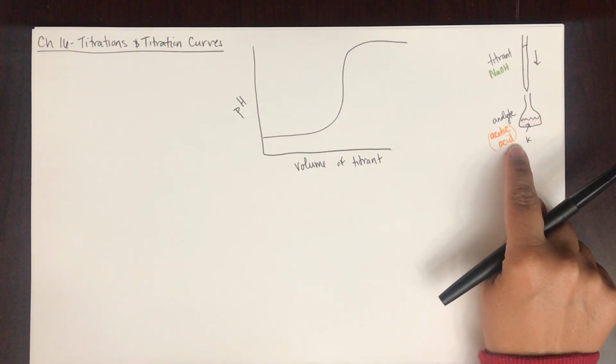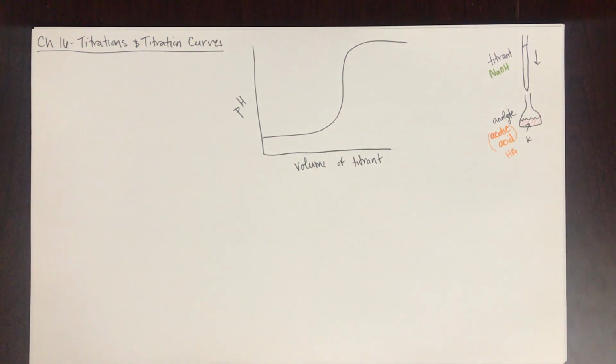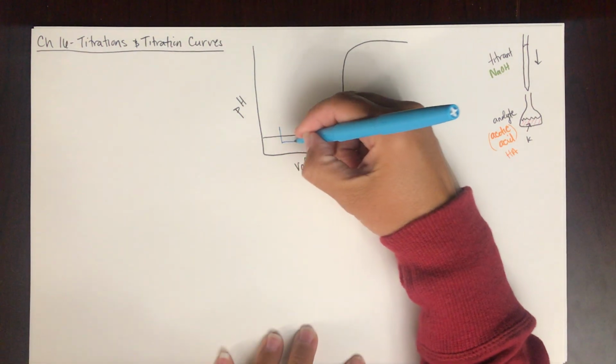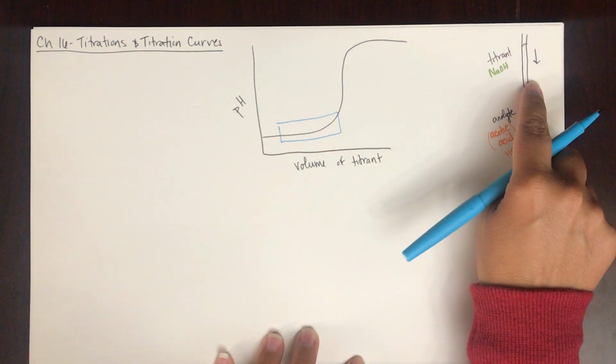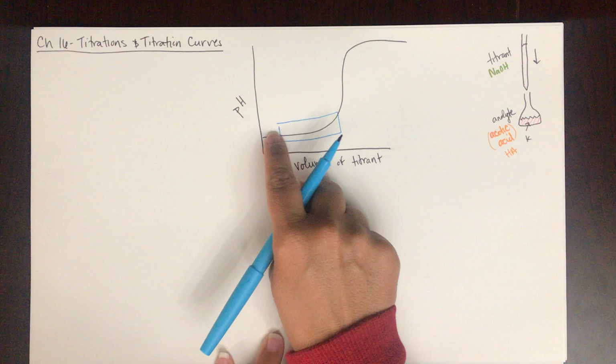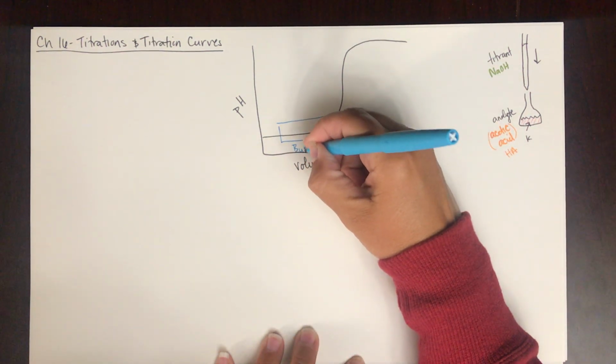And depending on what the Ka of acetic acid is, that's where you'll start in all of this. So what's important in this titration curve is this region right here where you are continuing to add this base, but you see the pH isn't really changing. This is called the buffering region.